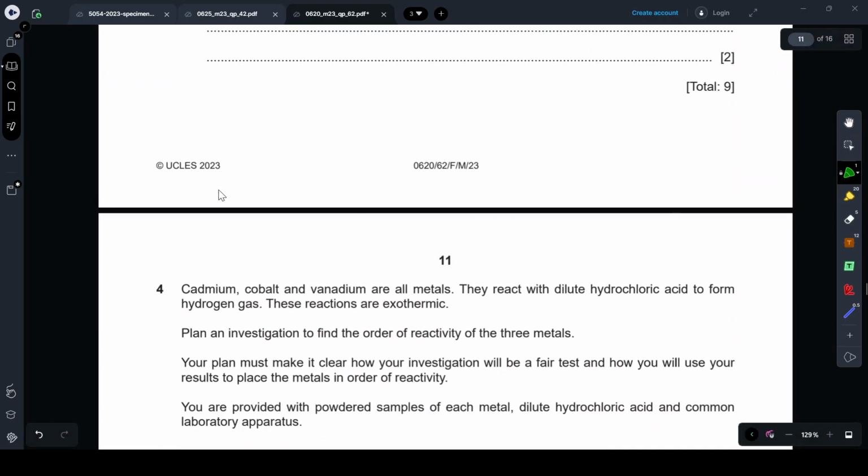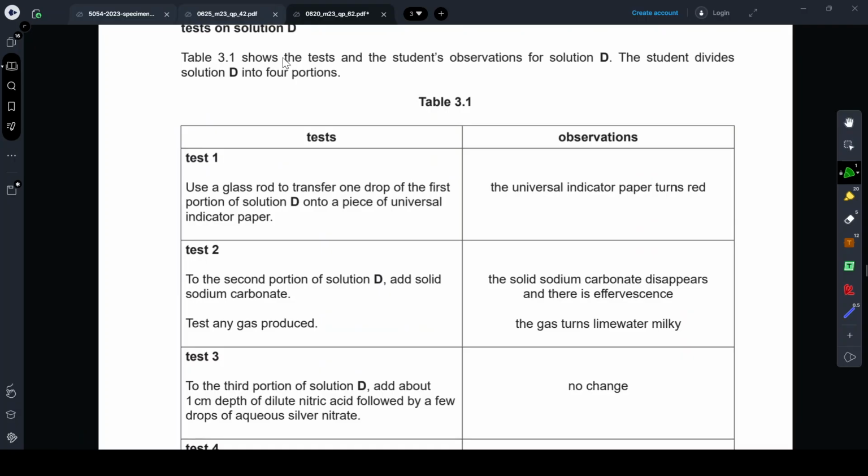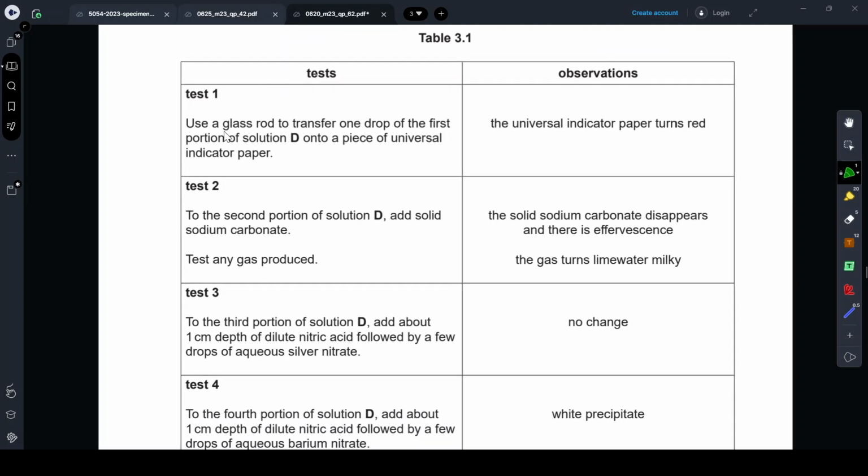Over here, we need to figure out what this is. Table 3.1 shows the tests and the student's observations for solution D. The student divides solution D into 4 portions. Use a glass rod to transfer 1 drop of the first portion of solution D onto a universal indicator paper. The indicator paper turns red, so this means it is acidic.